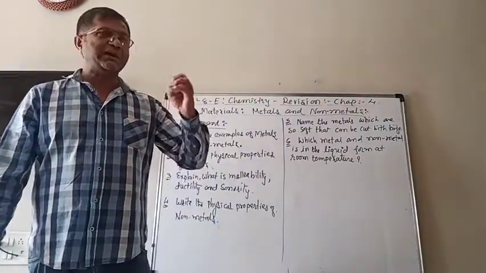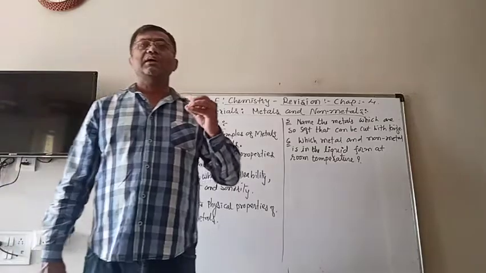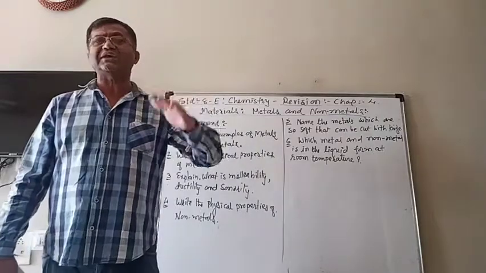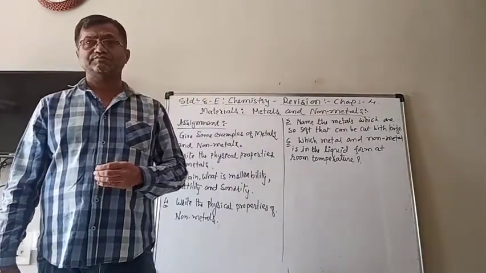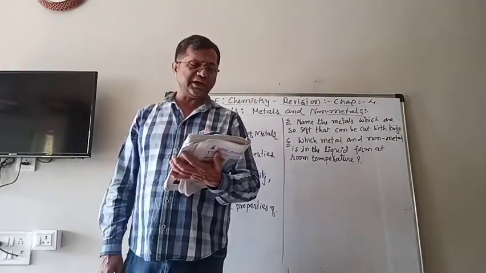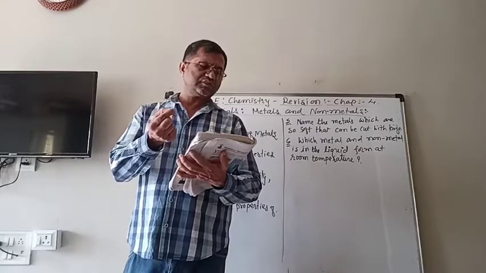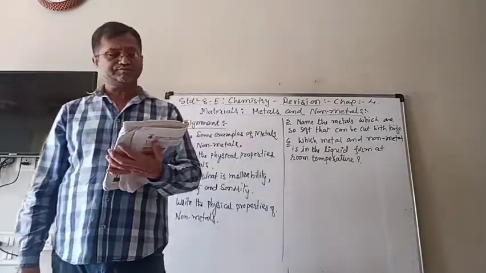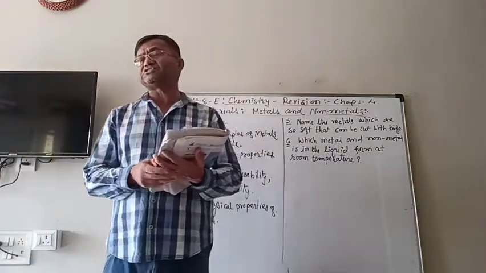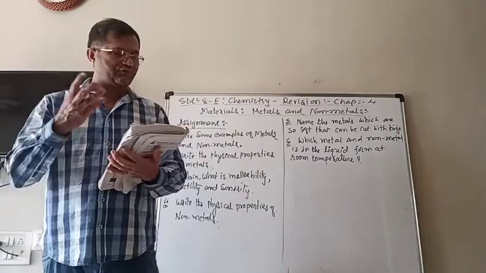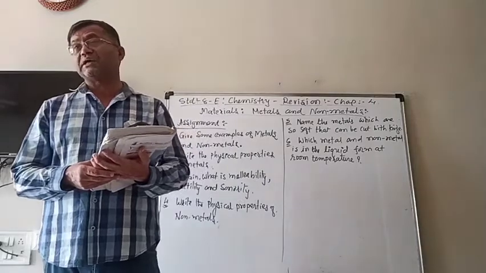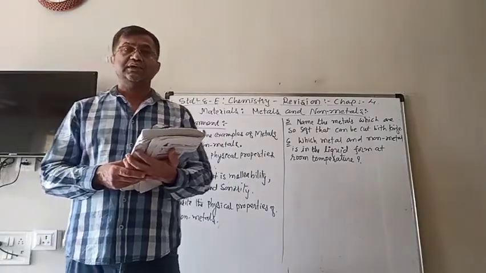Malleability means we can hammer the metals to make very, very thin sheets. When we hammer the metals, very thin foils can be made. You are familiar with the silver foil or the gold foil, which are used to decorate some sweets like kaju katri and other burfis.